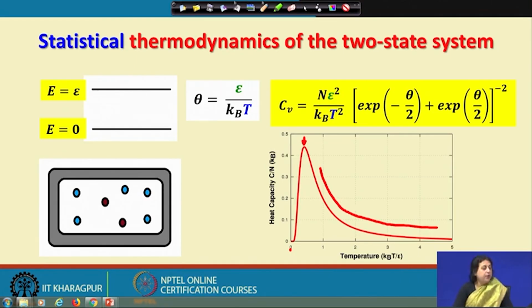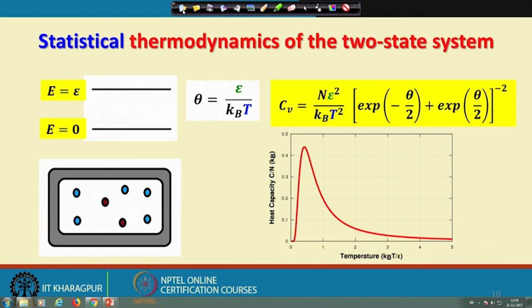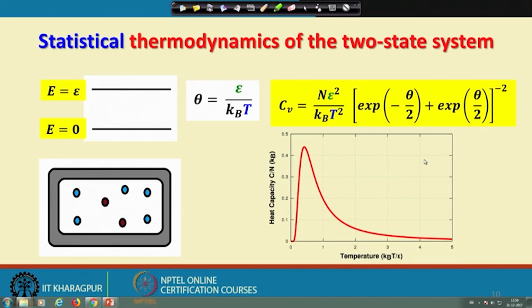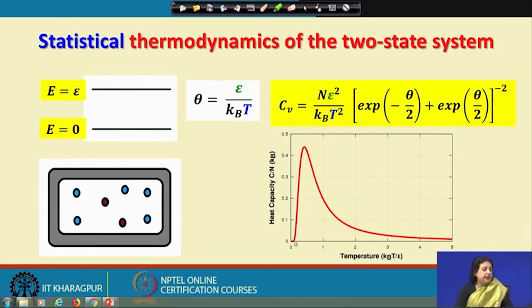Therefore, if you have any such observation, you say that, well, I do have an anomalous behavior, and this behavior is typical of a system where it has two energy states which are very close to each other, and all other energy states are much higher compared to these two. In that case, your heat capacity upon measurement at different temperatures will show a behavior like this, and the appearance of this maximum is known as a Schottky hump.